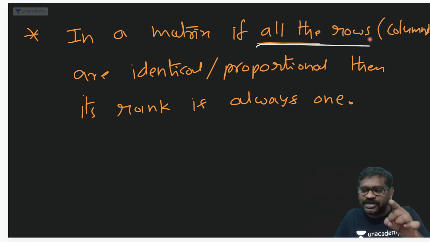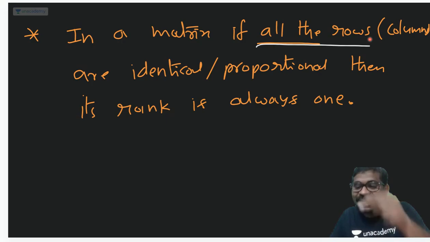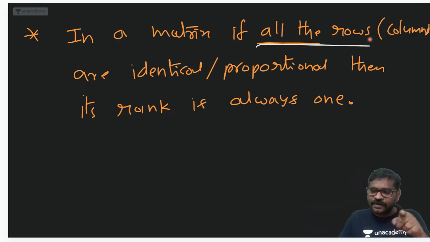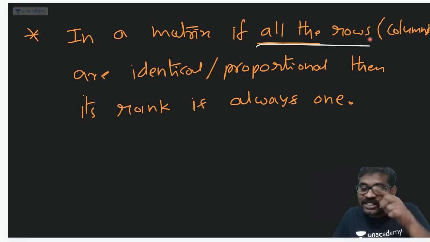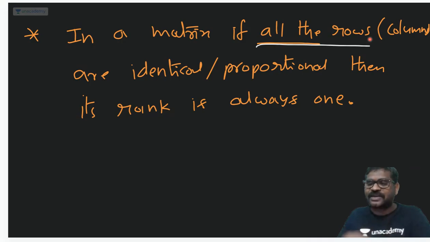This property is different, that property is different. There, two rows are identical, determinant is 0. If determinant is 0, matrix is singular. If matrix is singular, rank is less than its order. Here, all the rows are identical or proportional, or all the columns are identical or proportional, then rank is always 1.